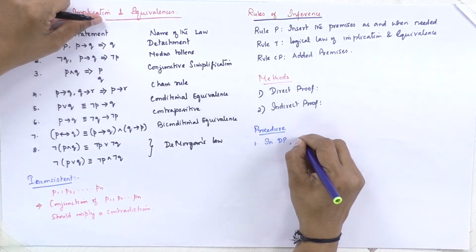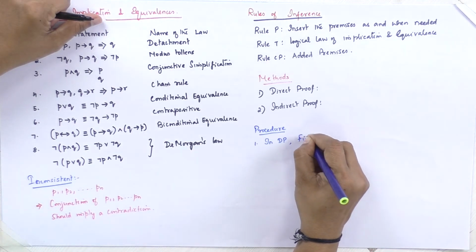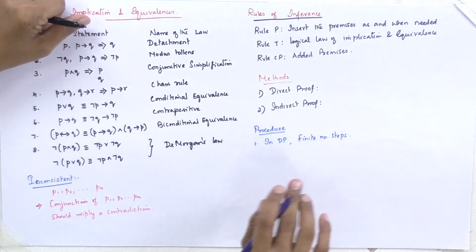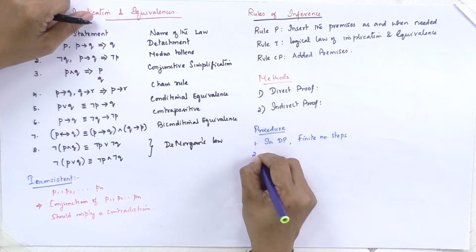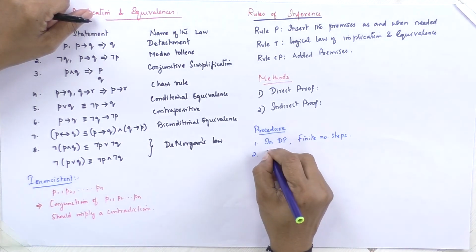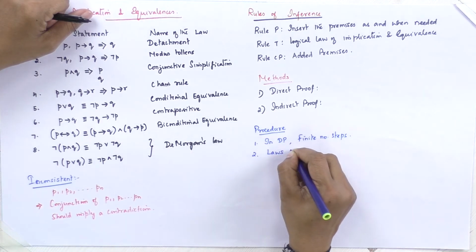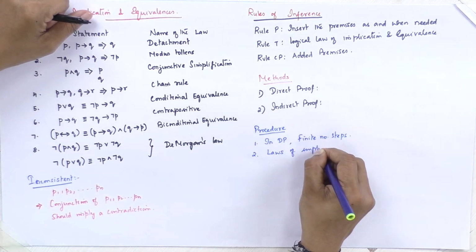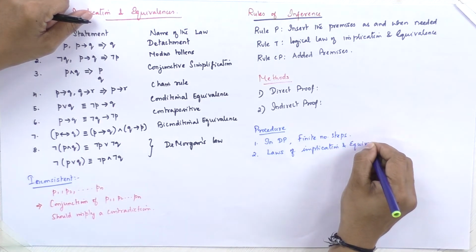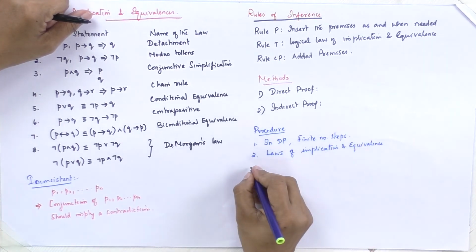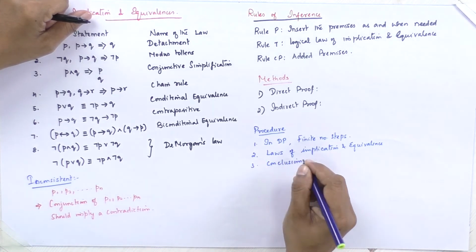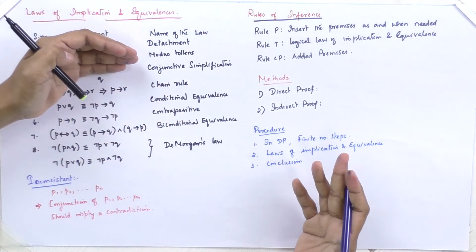The second point is that we will be applying the laws of implication and equivalence. The third point is that we should get the conclusion of the problem. This is the procedure in case of a direct proof.